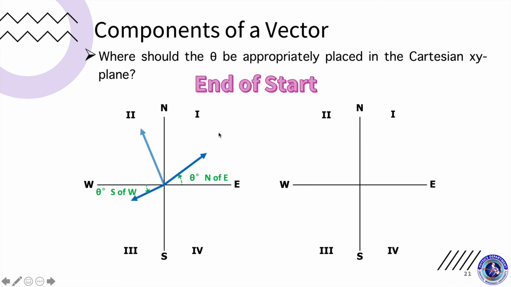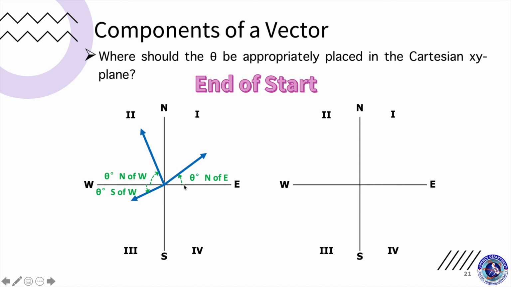Another example. You'll have here, it's from west going north. That's not west of north, but rather it's north of west. So again, take note of the mnemonics.